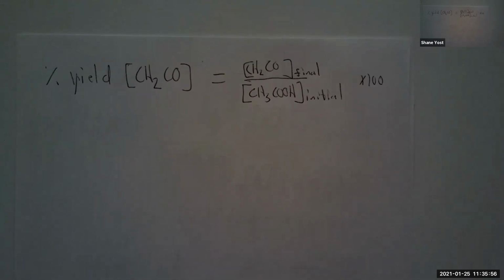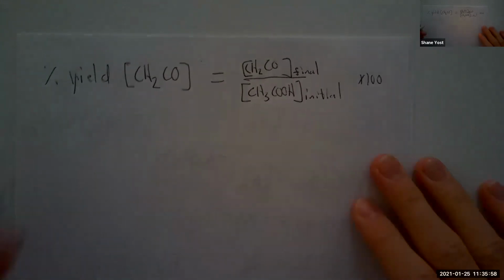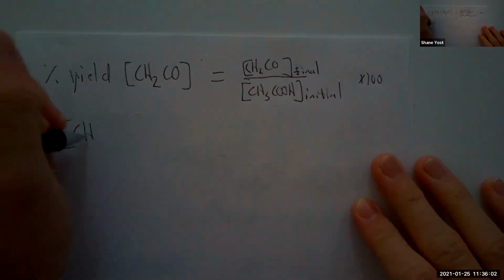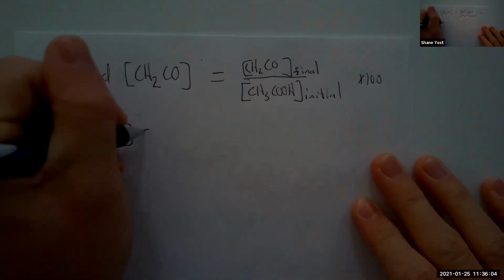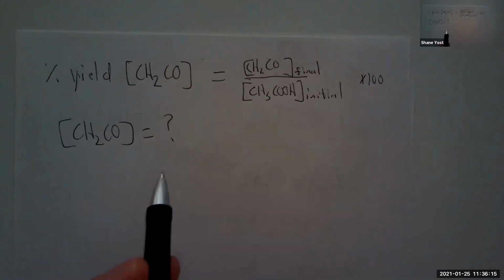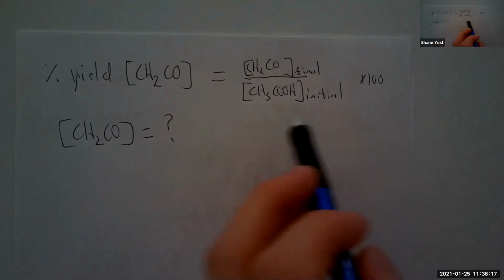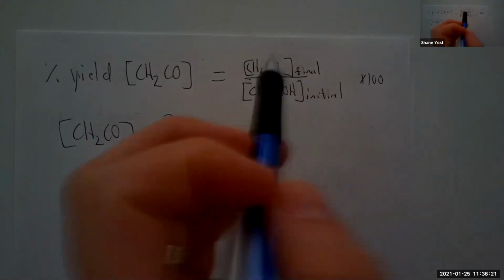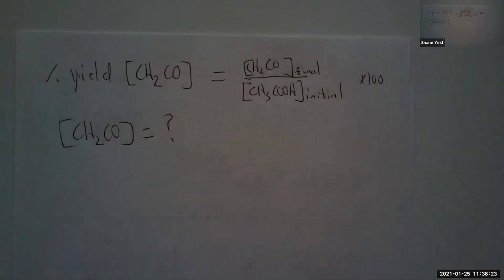And so the question is really, what is the concentration of CH2CO equal to? That's what we're curious about. Because if I know that, and if I can solve for that in terms of my initial concentration of the acetic acid, then I'm going to plug that back into this equation here and solve for my percent yield.